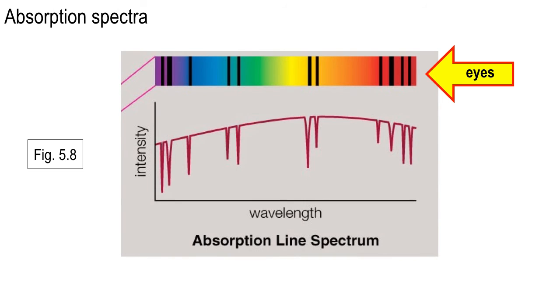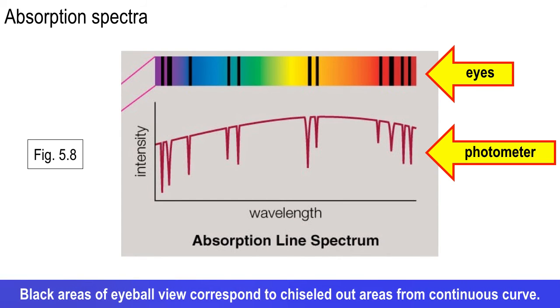The absorption spectrum is like the one we looked at for the sun. There are colors that are missing. So for the same element, those look like bullet holes. Here's the photometer record, but there are big dips in it. Those black areas of the eyeball view are chiseled out of the photometer record.